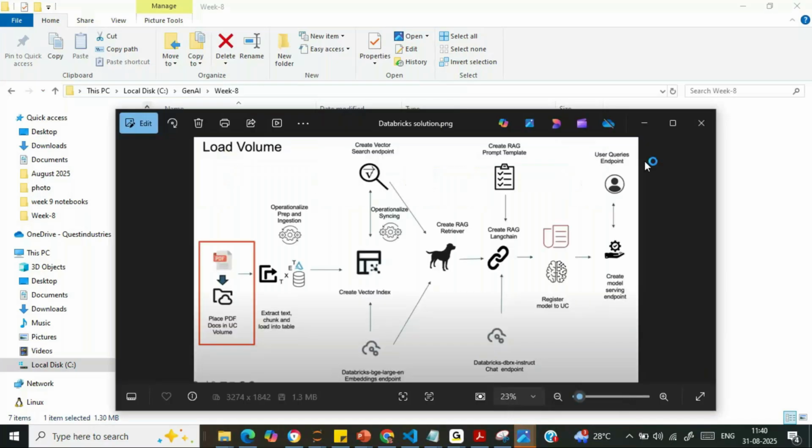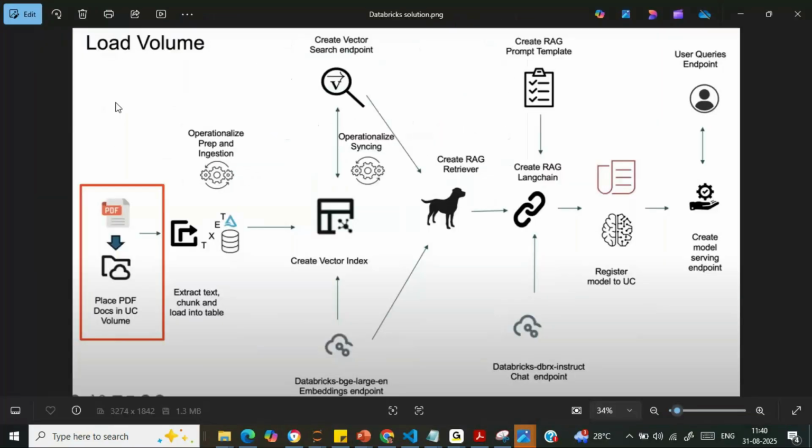This is also from the Databricks side. We will be reading PDF files, and then we will load them into the Databricks cluster.